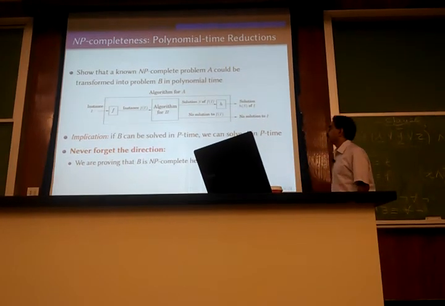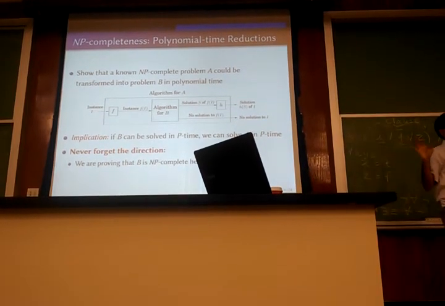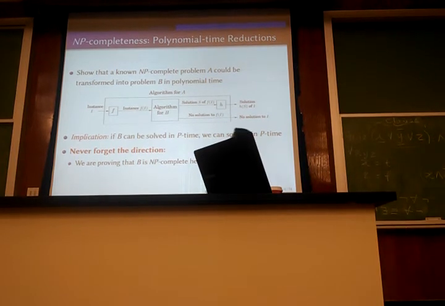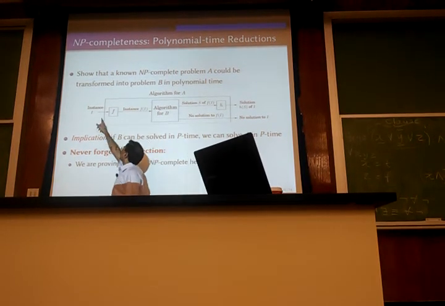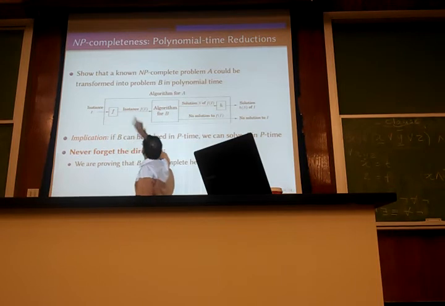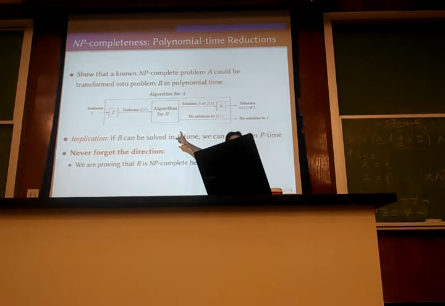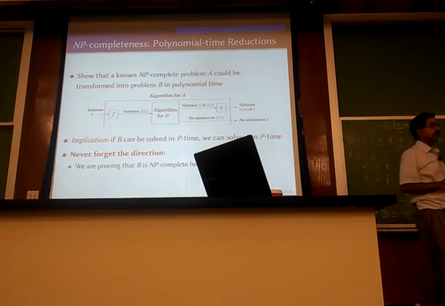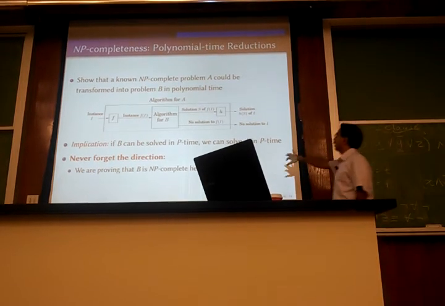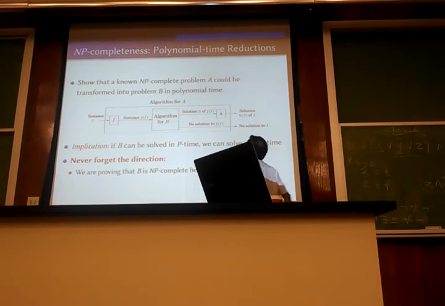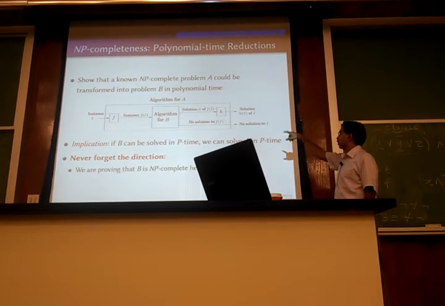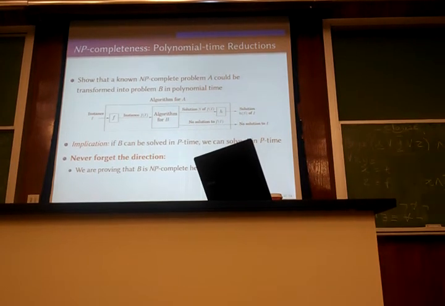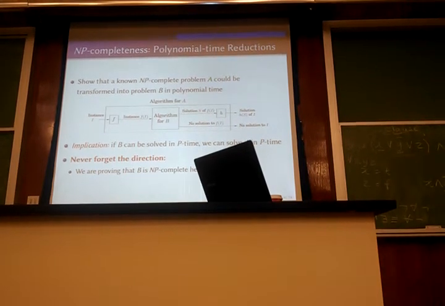So the way you do that is that you take an instance of problem A, and then you say, okay, this is how I convert this instance of problem A into an instance for problem B. Okay? This conversion is being referred to as a function f. Okay? So once you convert that, and then you can feed it in, and the solution comes out. Once the solution comes out, well, you also need to tell how, from the solution to the problem B, you can reconstruct the solution to problem A.